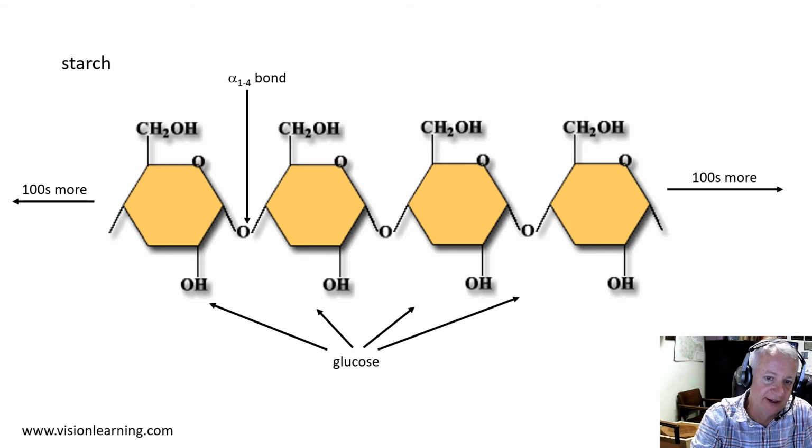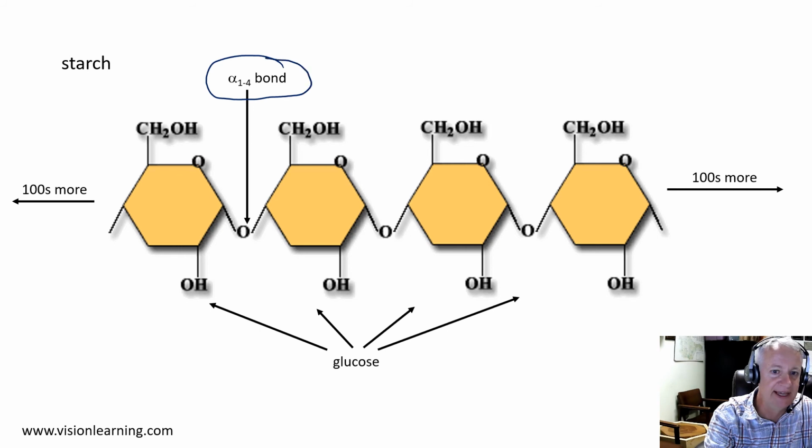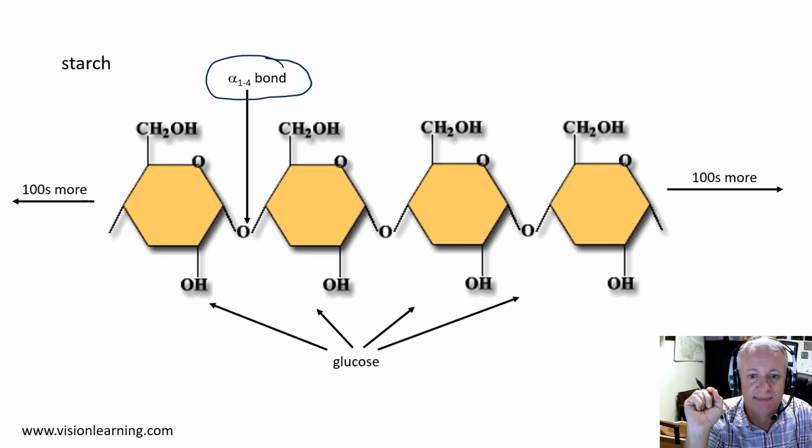And in fact, the only chemical difference between starch and cellulose is in the nature of the chemical bonds that hold them together. Where cellulose had beta 1,4 bonds or linkages, starch molecules have glucose monosaccharides linked together by alpha 1,4 bonds. So just a slightly different covalent bond holding them together.